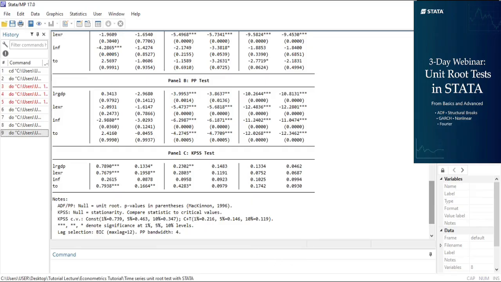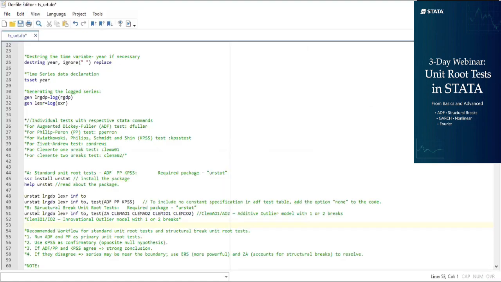All right, so we can also run the other test, that is the unit root test with structural breaks. At times, the series might be stationary, but because there are 1 or 2 breaks in the series, let's say we have a series between 1990 and 2025.